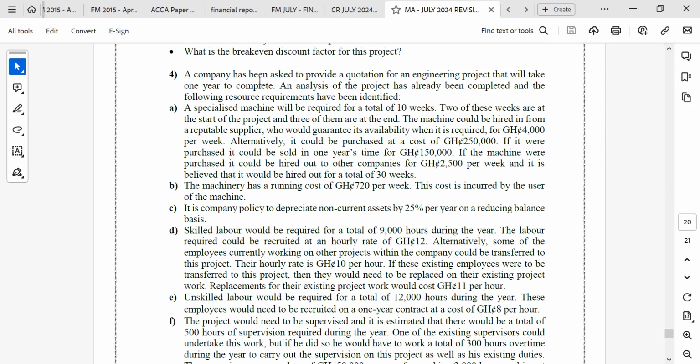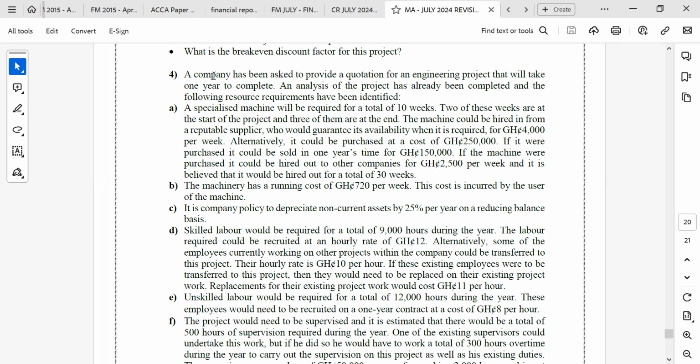Okay, let's come here. A company has been asked to provide a quotation for an engineering project that will take 1 year to complete. An analysis of the project has already been completed, and the following resource requirements have been identified.